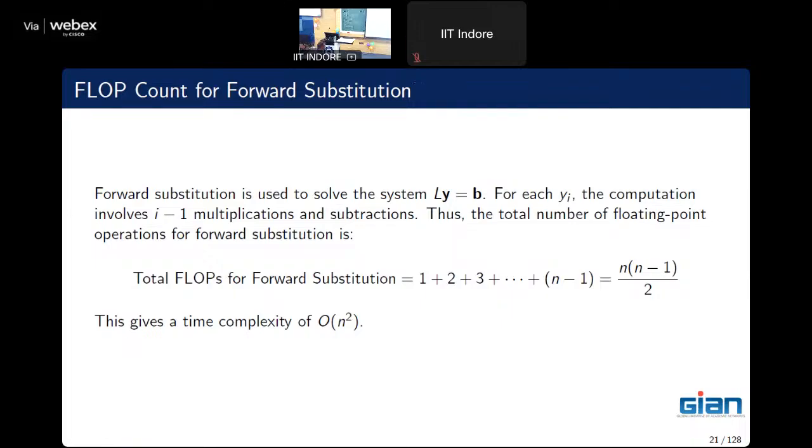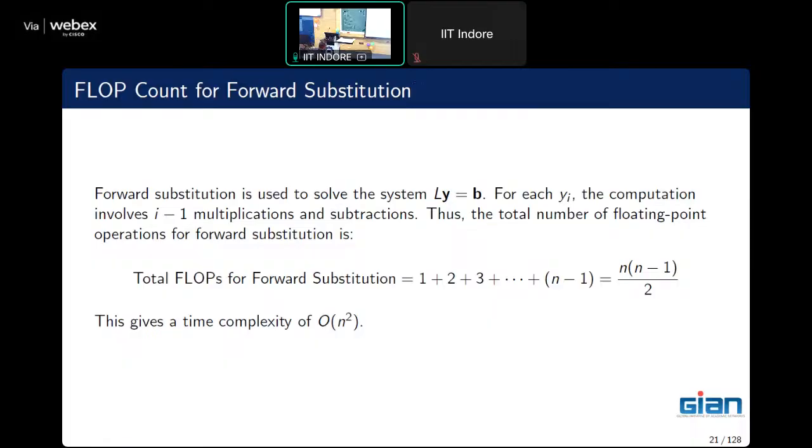Okay. So as I told you, for the forward substitution, first you get this. This is 1 flop, then 2 and 3 and so on. If you add these you will get order of n square.